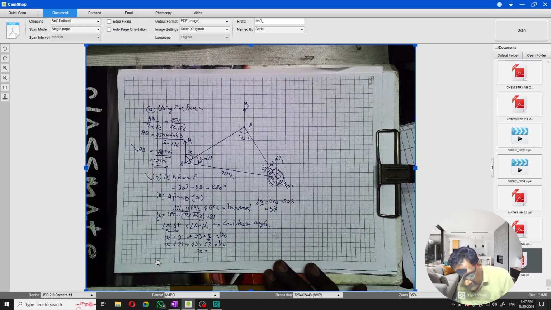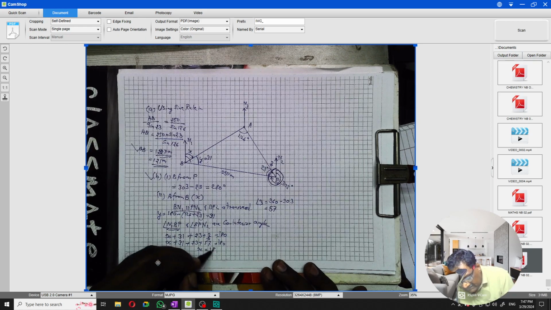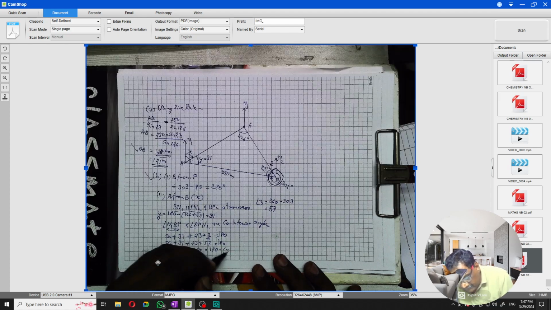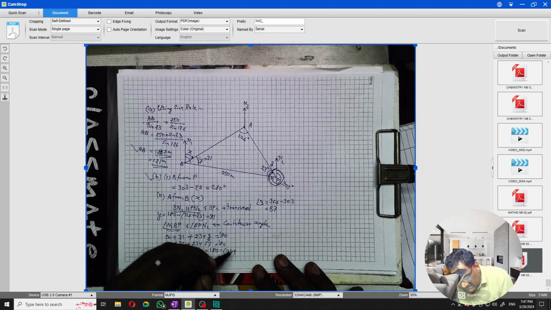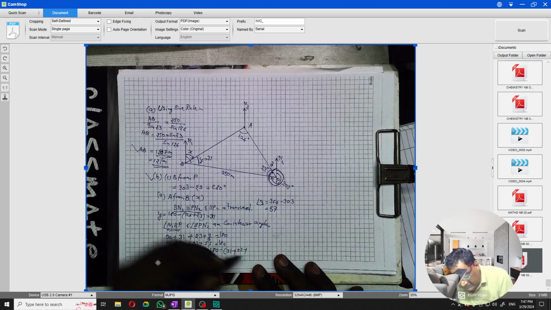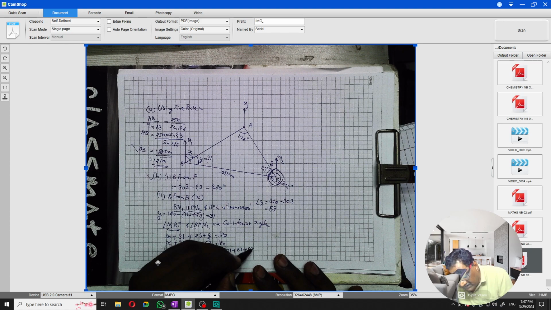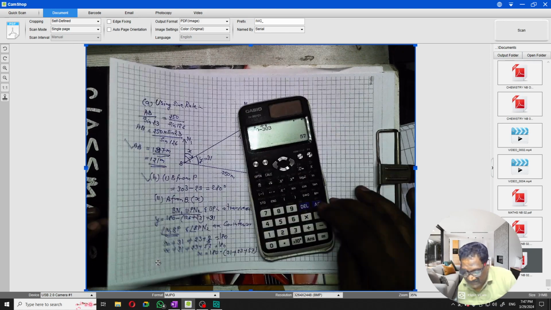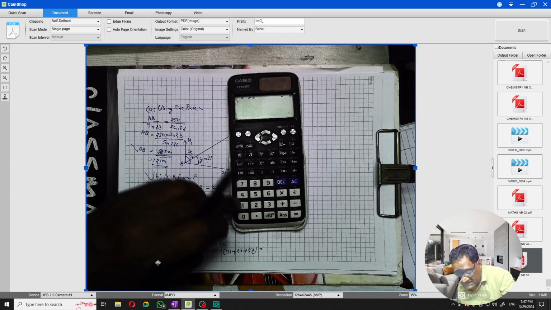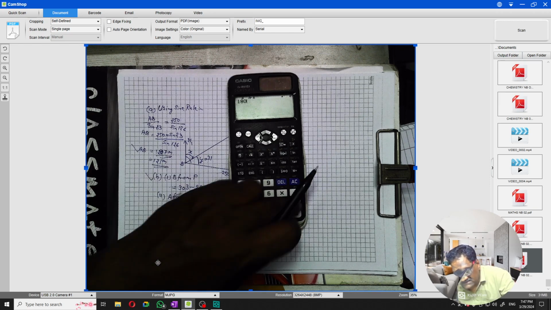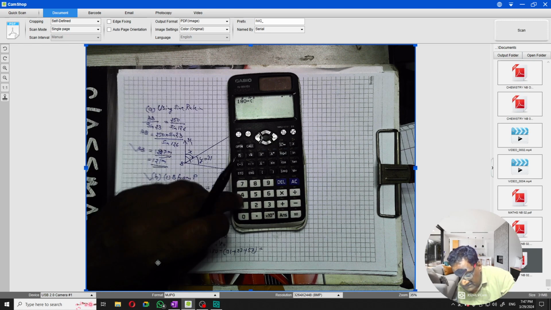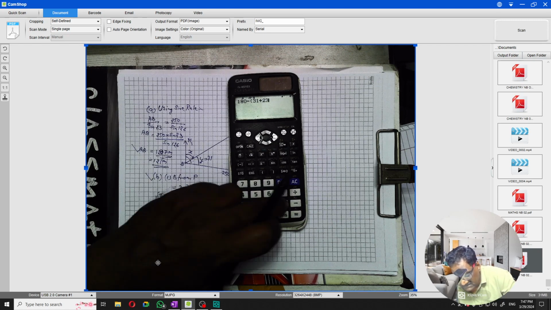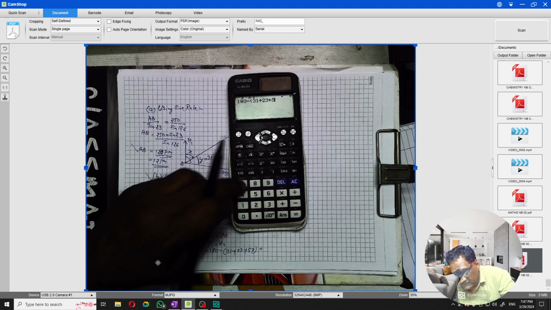My x will be 180 minus (31 plus 23 plus 57). Now if I work out this, let us see what answer I am getting. So for x, my answer should be 180 minus in bracket 31 plus 23 plus 57, close the bracket.